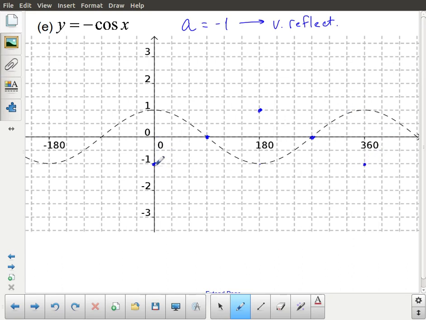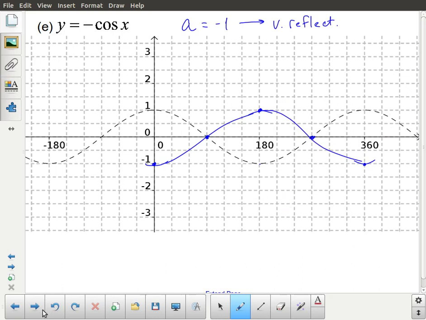Now something doesn't work very well. I've mentioned before that the digitizer here struggles when I have graphics in the background. But one of the things that I've talked to my class about is when you're trying to graph sinusoidal functions, it's not a bad idea to put your curves in at the top and bottom in advance. And then you can just smoothly try to connect those together.